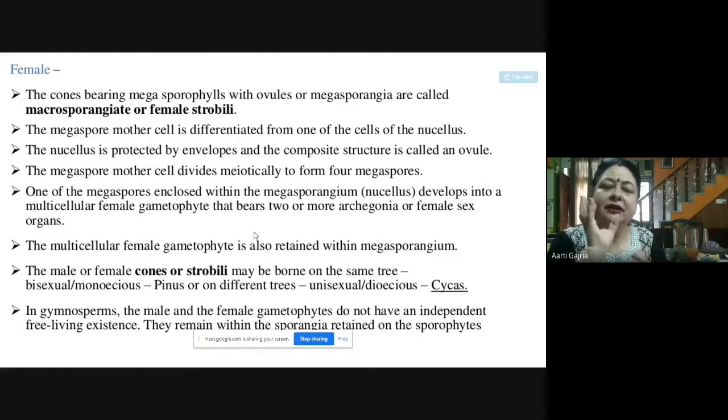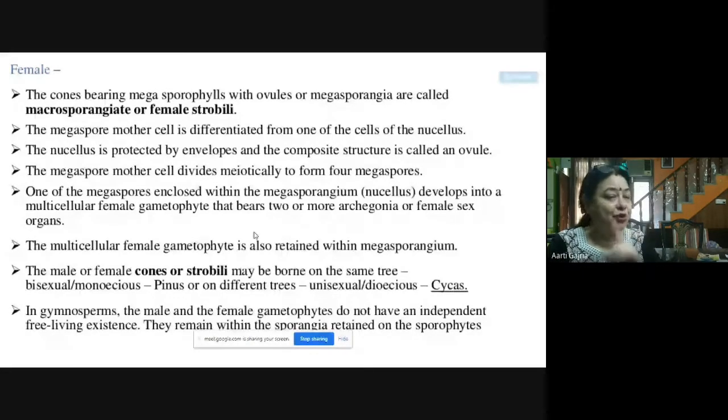Inside are cells, and these cells are called nucellus. Out of these nucellus cells, a few differentiate into megaspore mother cells, which undergo meiosis and give rise to megaspores.